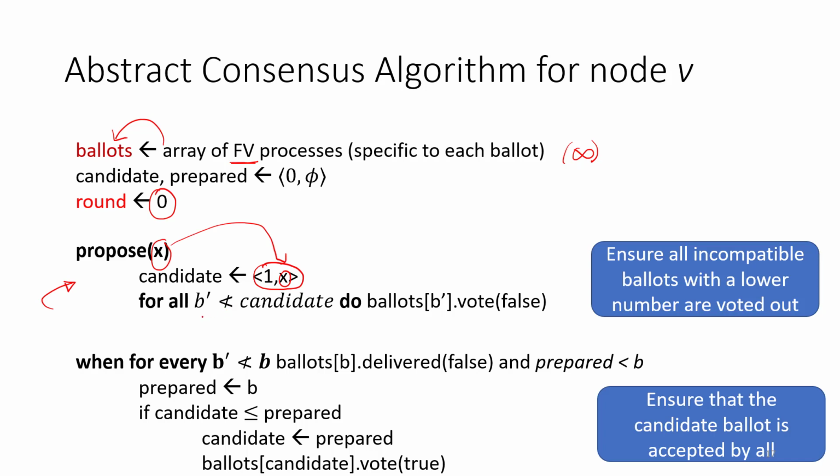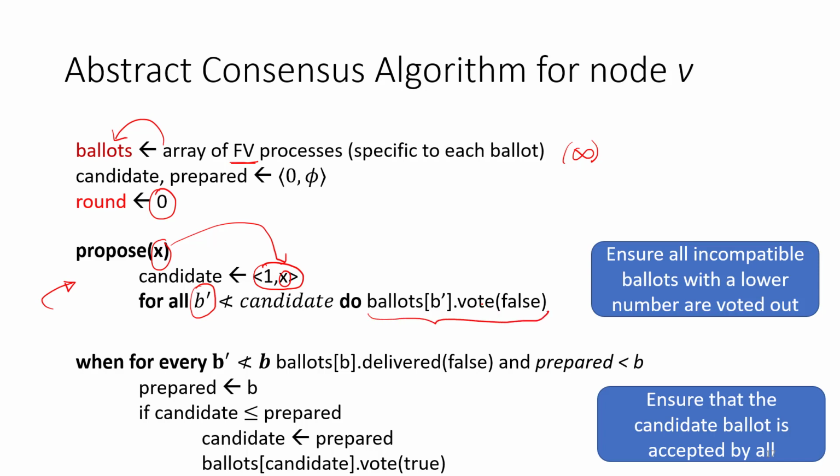So here is what we need to do. Here is the fun part, where the federated voting aspect is being used as a function. For all the ballots, for all the values of b dash which are less than and incompatible with candidate, we have to ensure that everybody agrees that you vote for false.